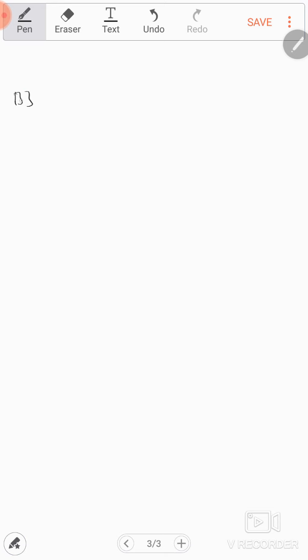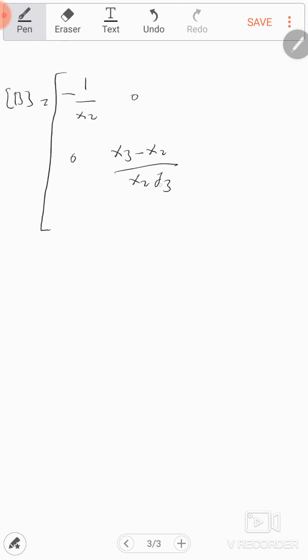So B matrix equals, to make it in a simple way, the first row: 1 over x2, 0, 0, x3 minus x2 over x2 times y3, x3 minus x2 over y2 x2 times y3, and here is minus 1 over x2.